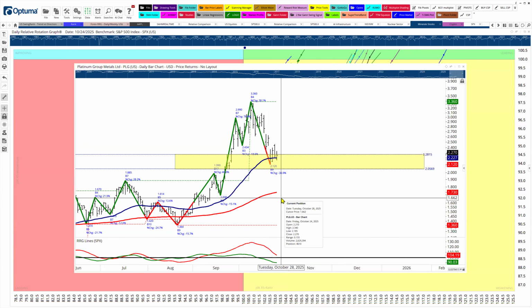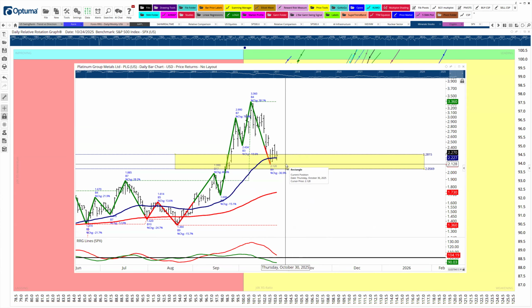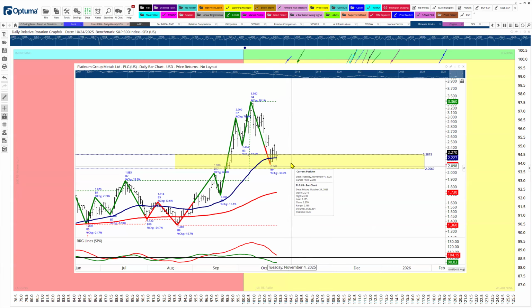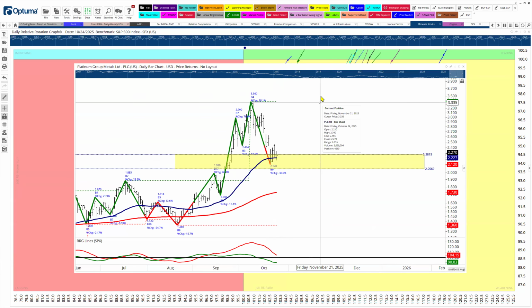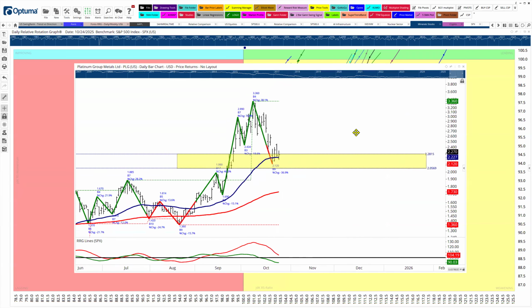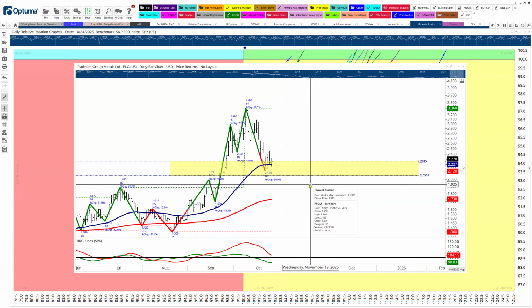Rotation looks horrible. So in the next coming days, like in the next 3, 4, 5 days, next week or so, if it managed to kind of fight this 50, and if the rotation improves, it could work its way up.